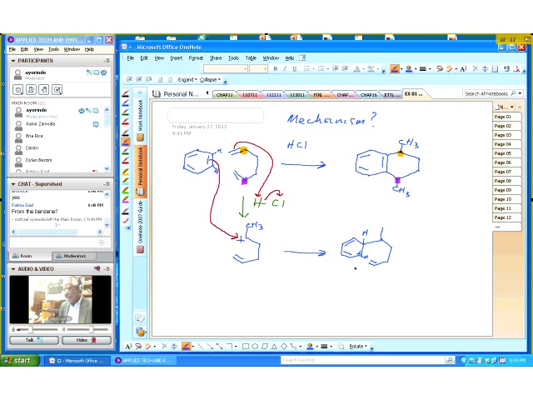Okay, but in this case, we are going through the mechanism now. So, at this point, what is going to happen? Keep in mind that when you form this, we also generated right here a chloride. This chloride will now act as a base and pull this proton from here. So we are going to regenerate the aromatic system.